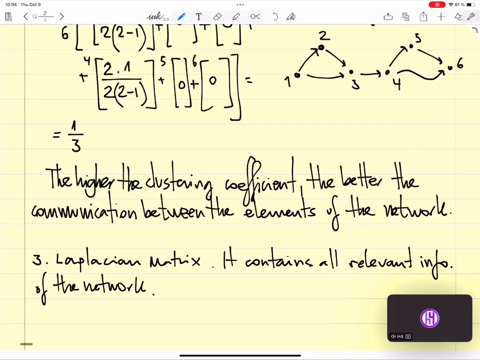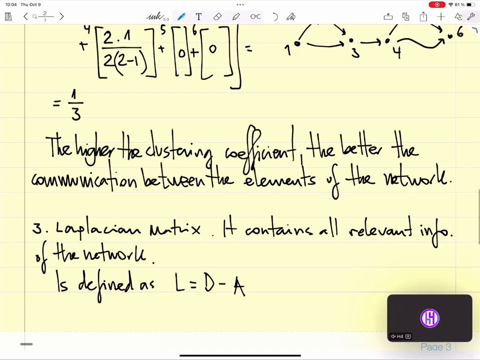It is defined as Laplacian equals degree matrix minus adjacency matrix, L = D - A.